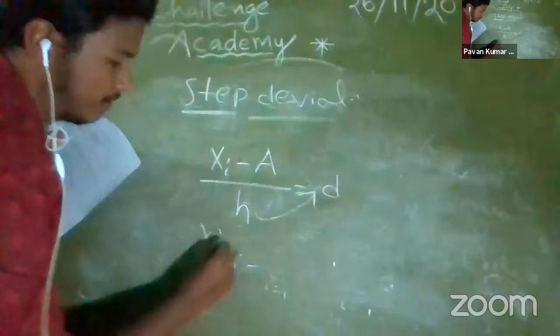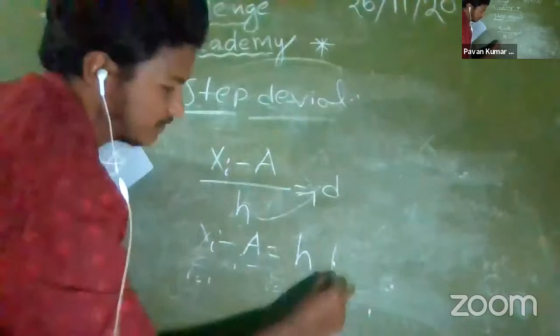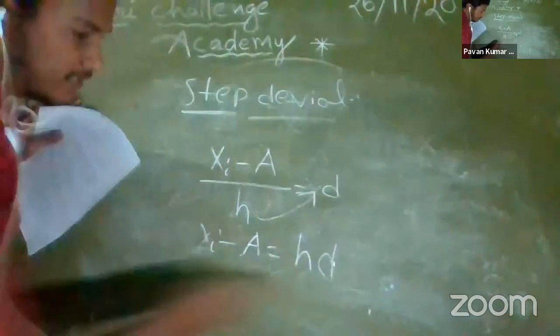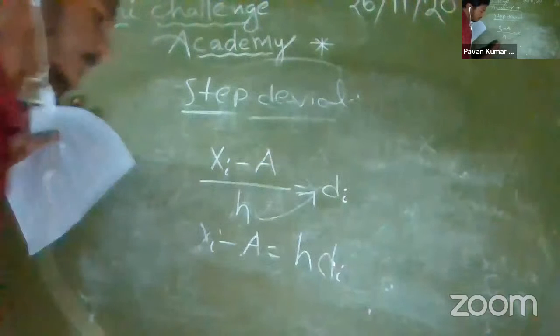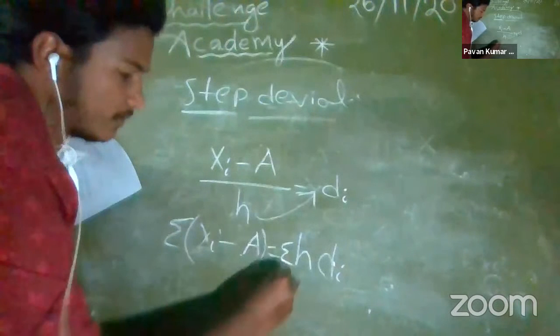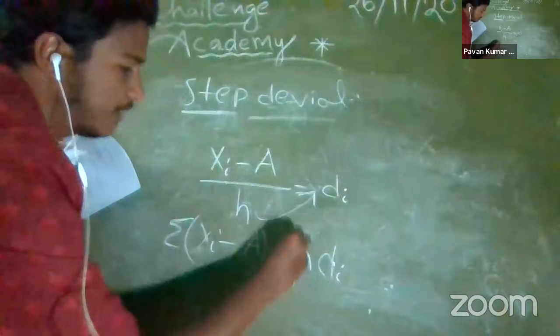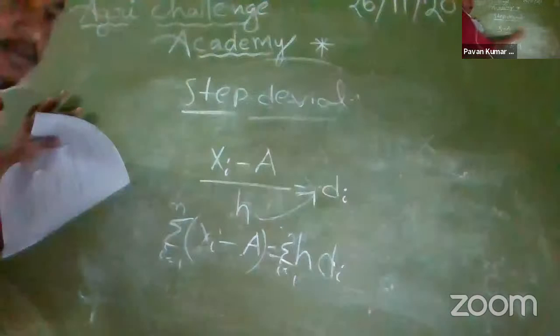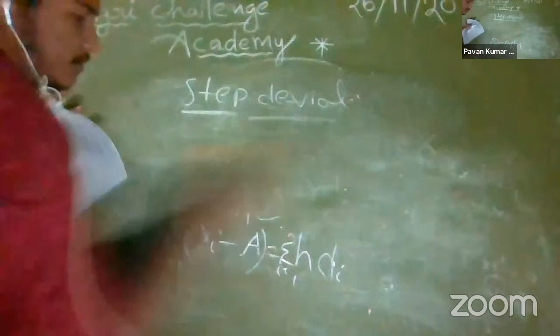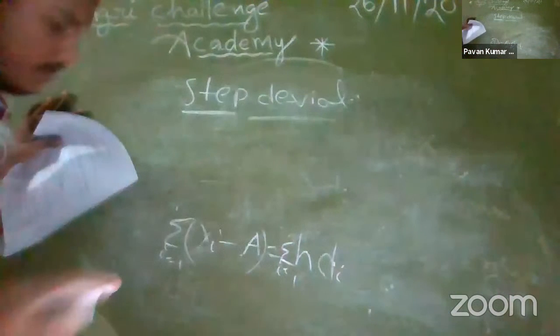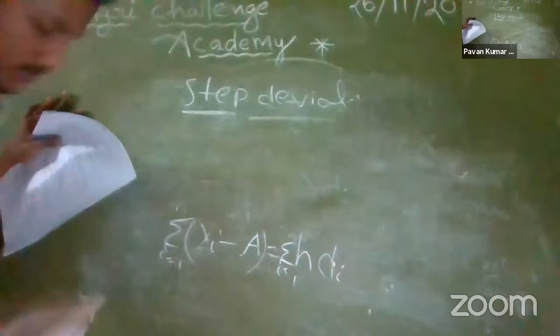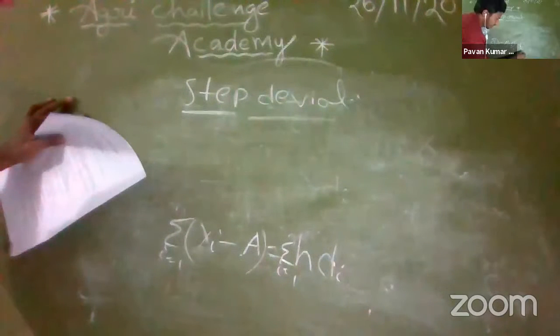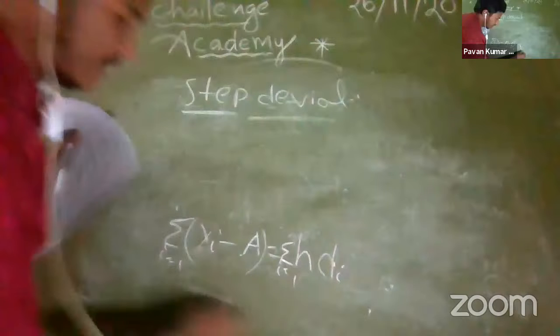Now take summation on both sides of di. Here also summation i equals 1 to n, i equals 1 to n, both sides n and n. Now send the summation inside.